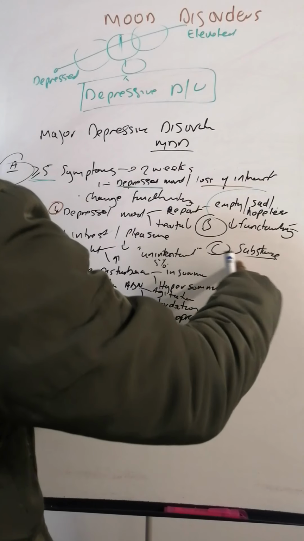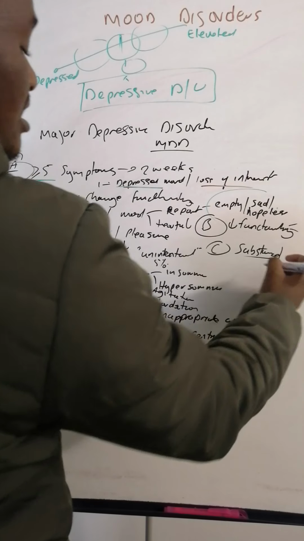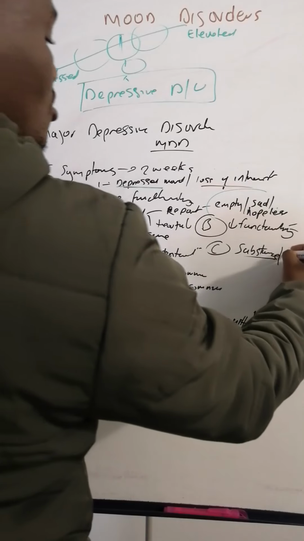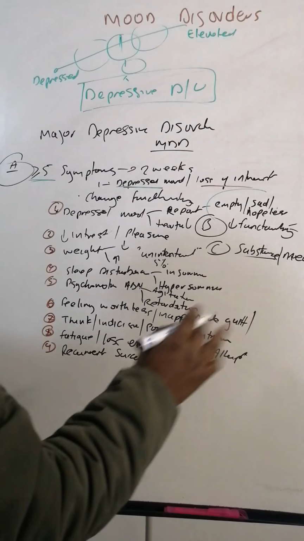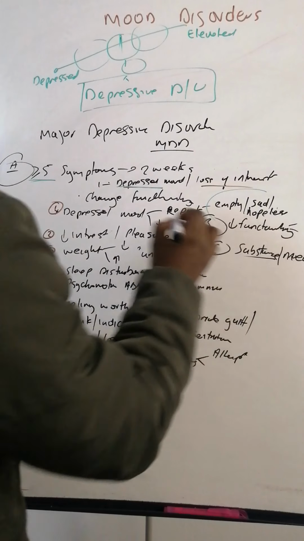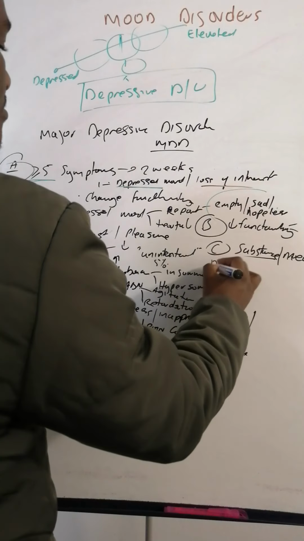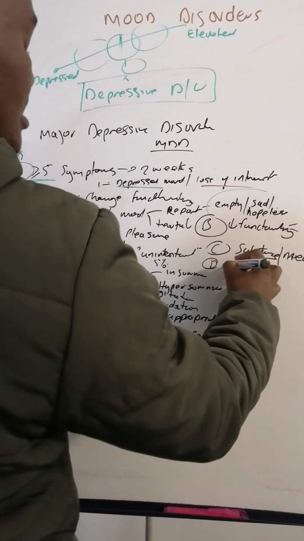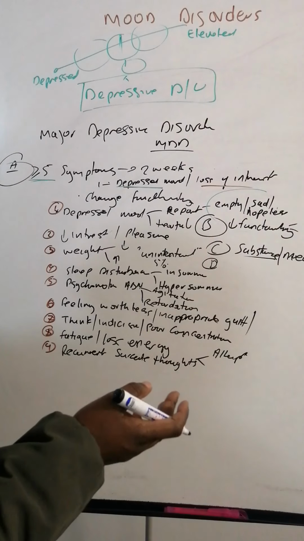So you want to rule out the possibility of them using substances, and also these symptoms must not be due to some kind of medication as well. And that's C. And then D, these symptoms must not be due to any other psychotic disorders.